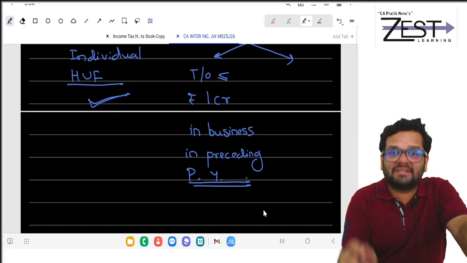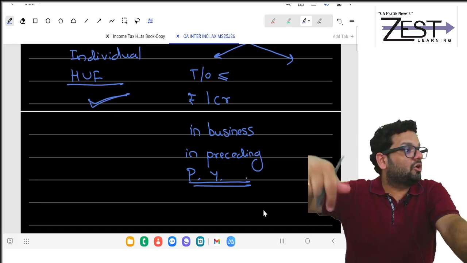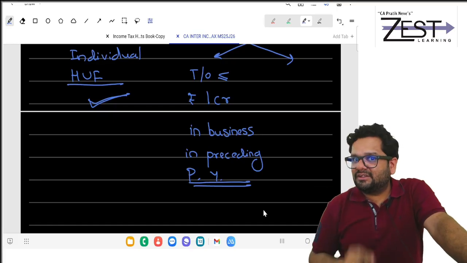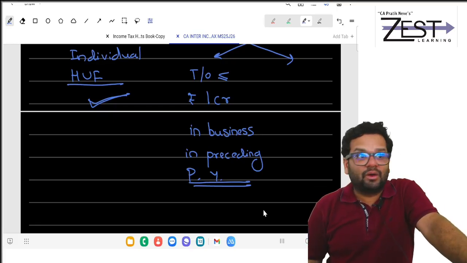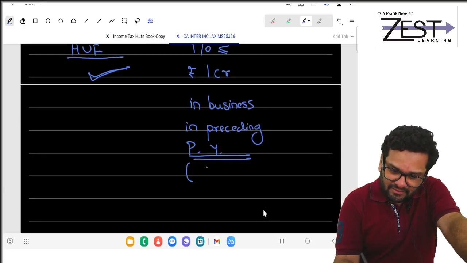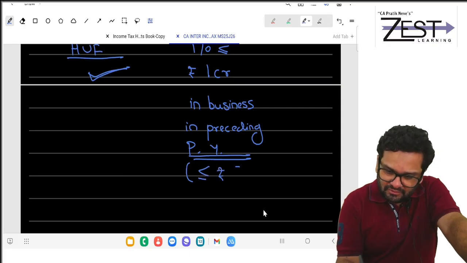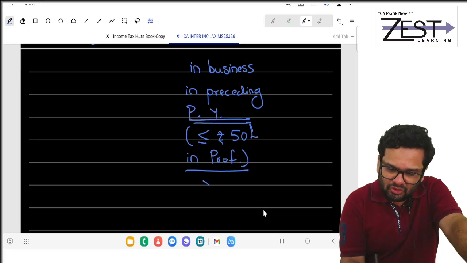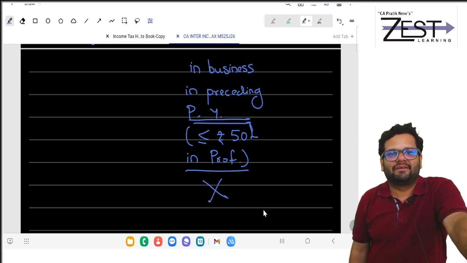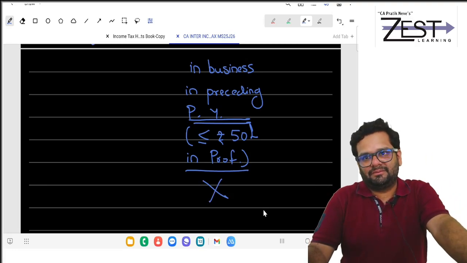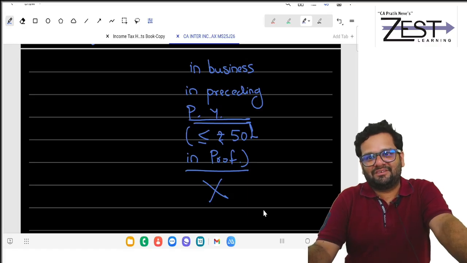Whether you should do TDS this PY or not will depend on the turnover of the last PY. If turnover is less than or equal to 1 CR in business in the preceding PY, or less than or equal to rupees 50 lakhs in profession, then TDS is not applicable. Then be calm, because you are a small businessman.